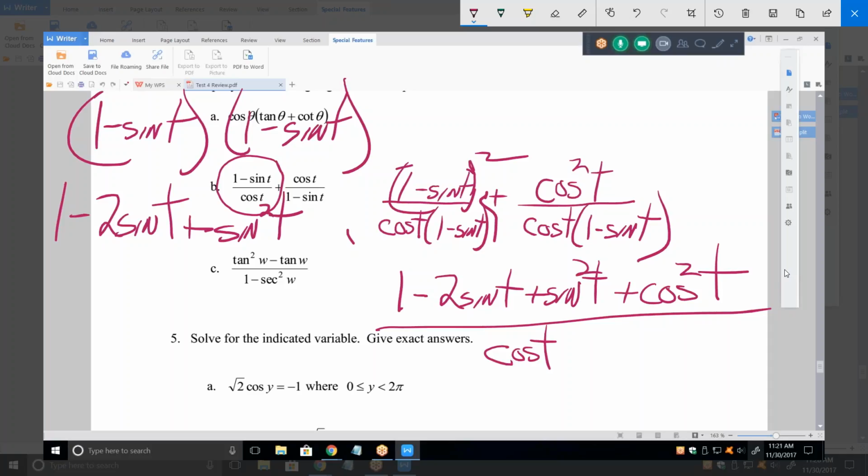We're not going to distribute it. The general rule of thumb is you never distribute in the denominator, but you kind of have to distribute in the numerator because the numerator is what you're operating on once you've found a common denominator. Now, what does the numerator become?